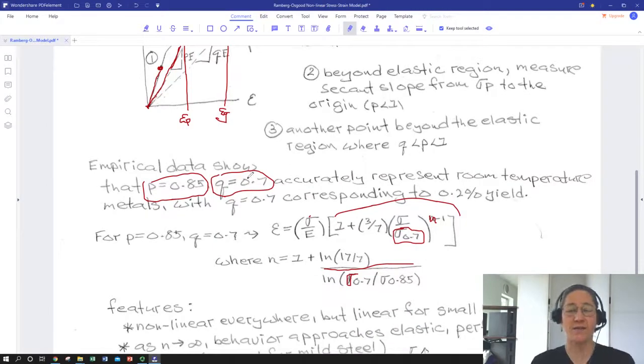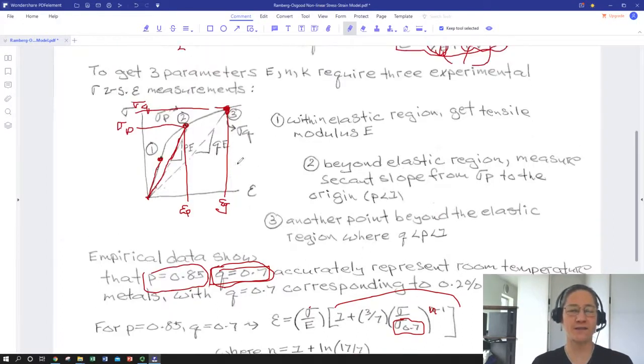Okay. There is something special about a Q value of 0.7 for this type of material. If you were to, instead of dropping a line straight down to the x-axis and saying, here's the strain that went along with that stress, draw a line parallel to E and drop it down, that's parallel to E, right over here.